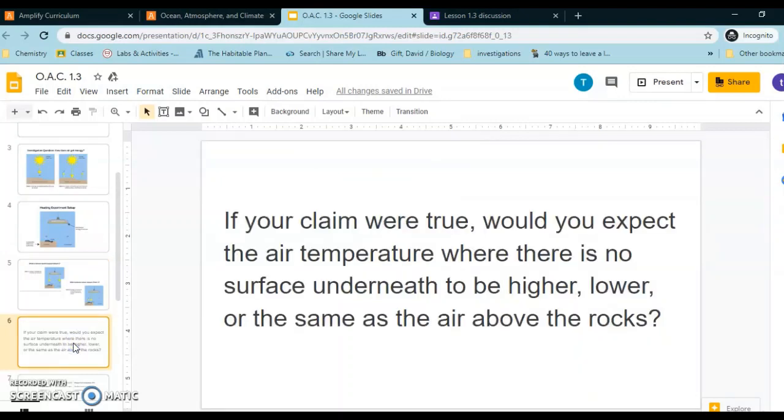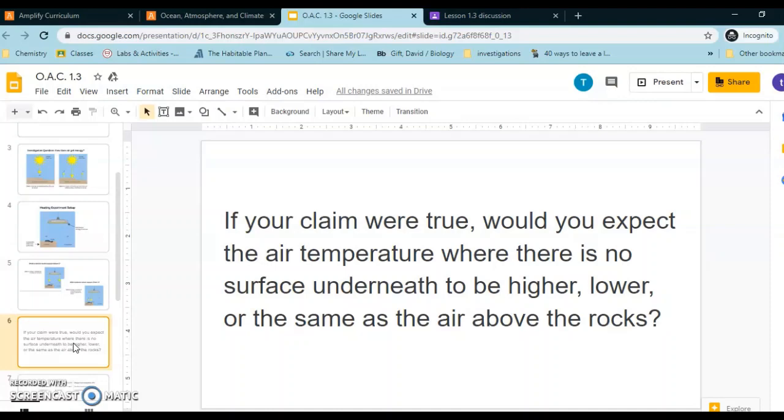So if claim 1, for example, was true, would we expect the air temperature where there's no surface underneath to be higher, lower, or the same as the air above rocks? I want you guys to think about that for a second. Yeah, those two air temperatures would be the same.